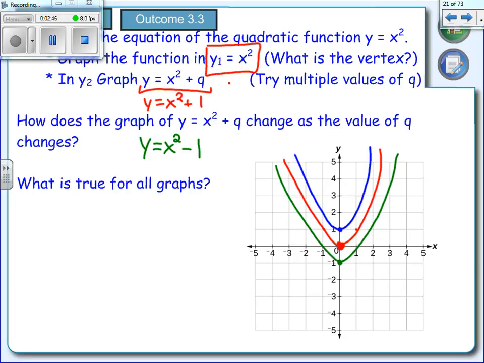So what does this mean about the letter q? When we add a letter q to the end of an x squared graph, it's vertically translating your graph. Vertical translation means the graph is moving up or down. So the q value moves the graph up and down.